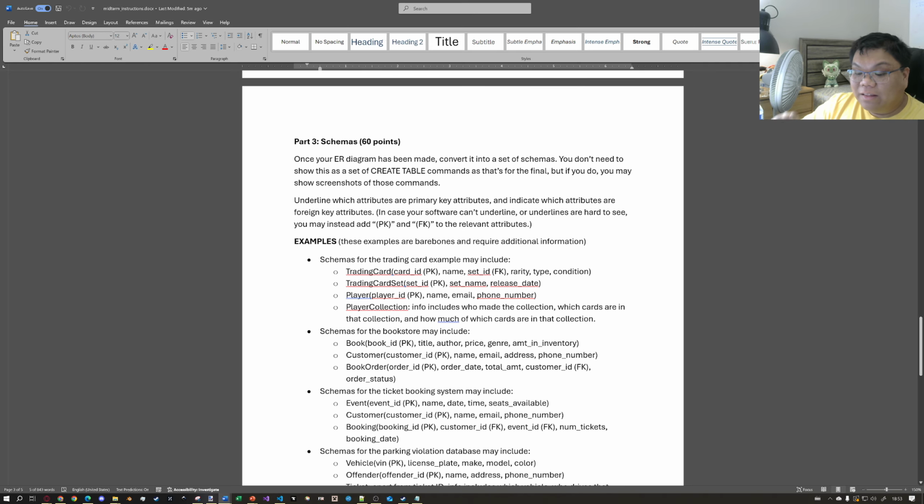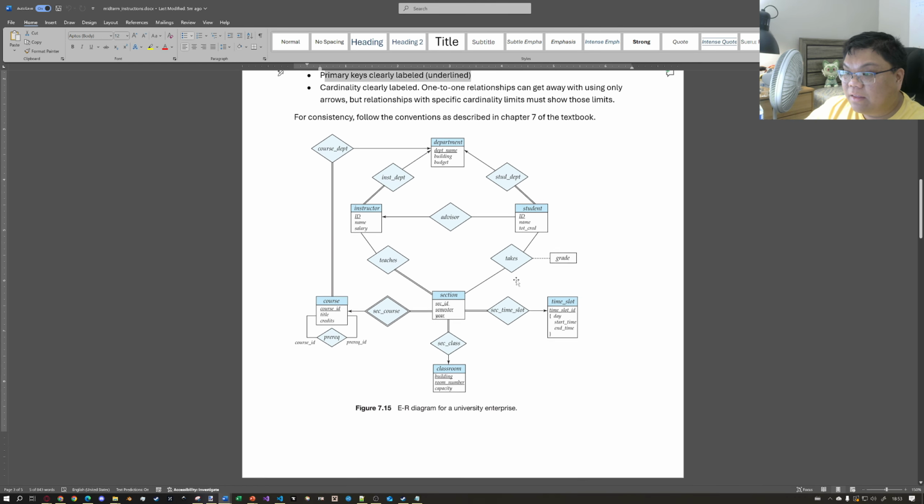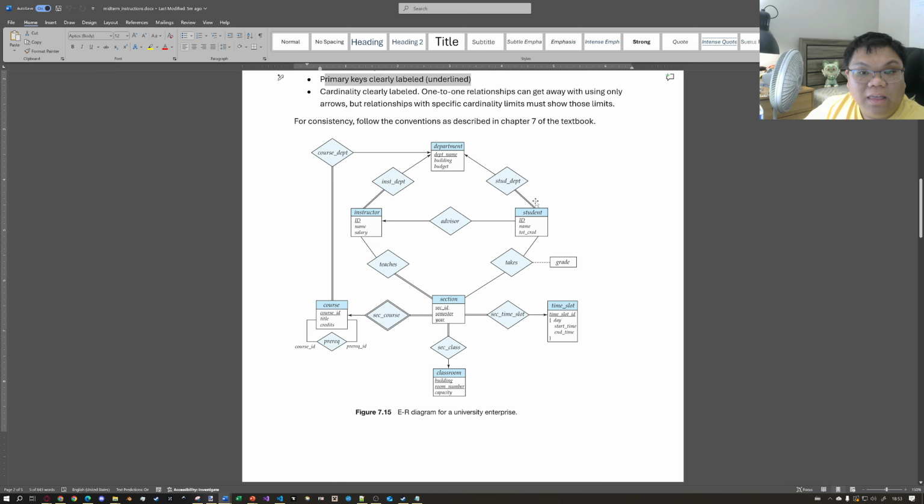Keep in mind that when you have relationships in an ER diagram, oftentimes they're just going to be combined with an entity. We've seen, for example, how the instructor entity has an ID, name, and salary, but an instructor might be a member of more than one department, which we represented using the instructor department relationship here.